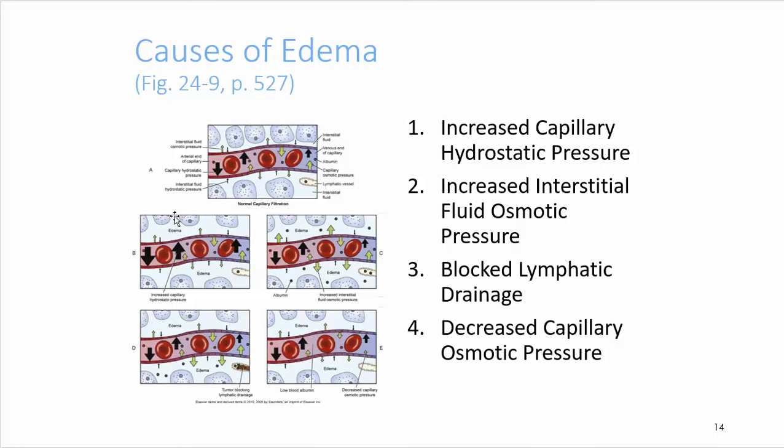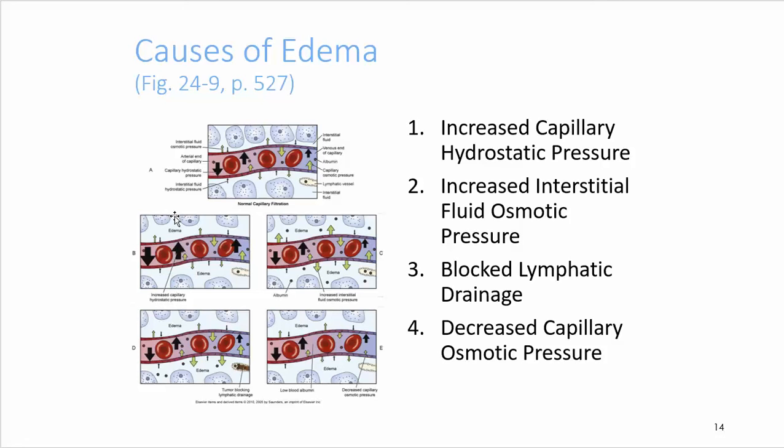Now, the balance of all of this is that in normal conditions, there is more fluid put out at the arterial end than is brought back to the capillary at the venous end. That excess fluid is picked up by the lymphatics, and lymphatic drainage is responsible to maintain that balance and return it to the bloodstream.